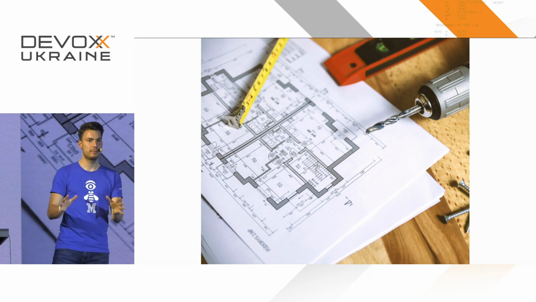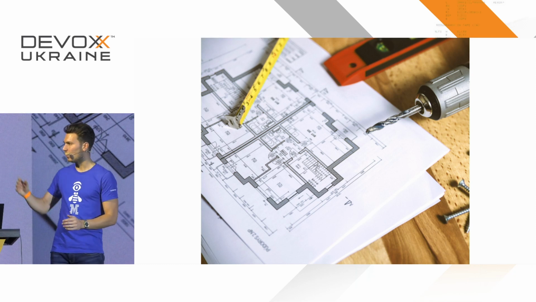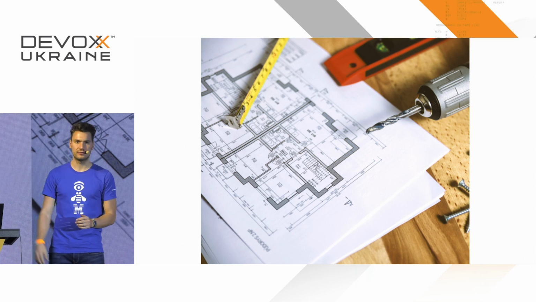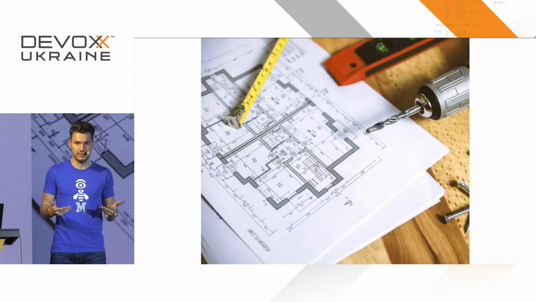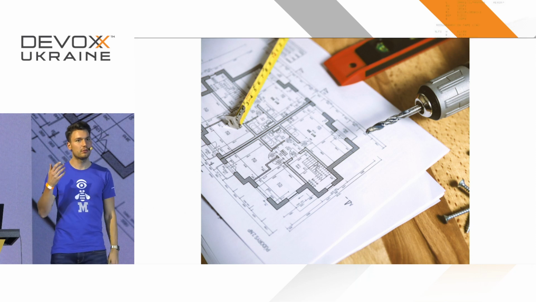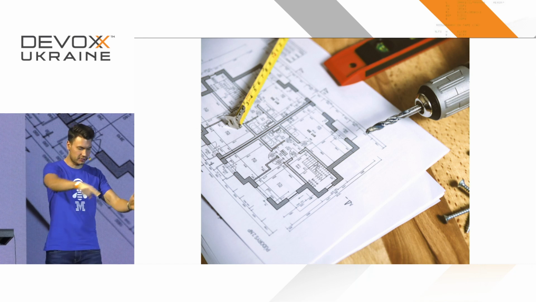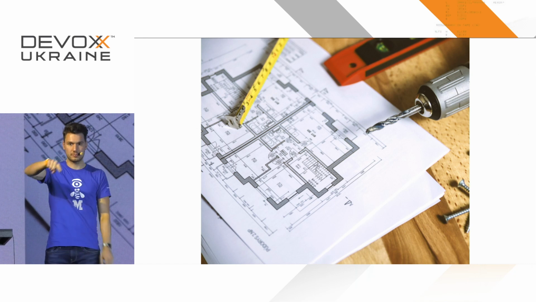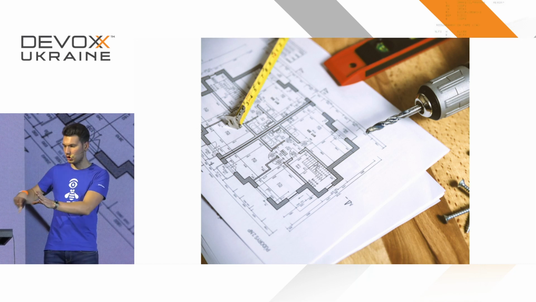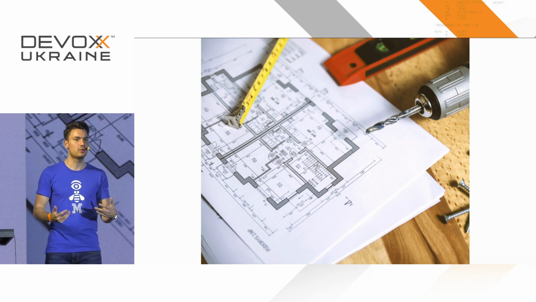Now, if you look into a building, you don't care whether you have concrete walls or walls made of bricks or walls made of, I don't know, wood. At first, you want to understand what the building is, right? And if you look into a floor plan, you can see this. If you look at the floor plan of this building, it looks pretty much like you have a huge hall, small connecting corridors, and multiple toilets. Well, it looks pretty much like an event hall, right?